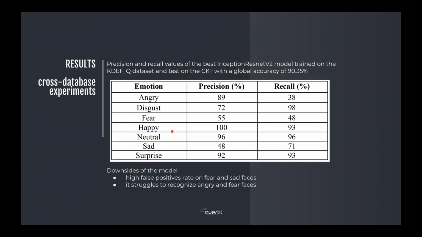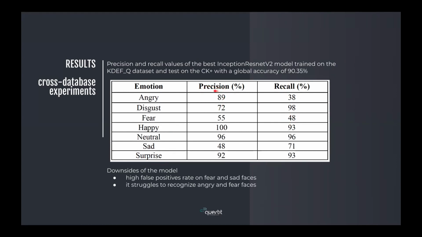And I can say that the model is good, although for angry and fear, we have a recall that is lower than 50%. That means that the model struggles to recognize angry and fear faces.